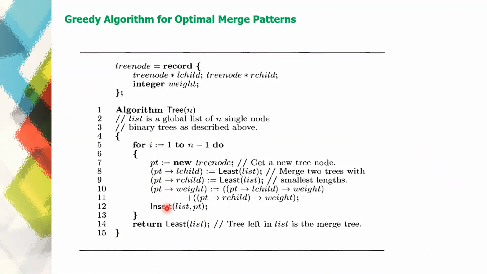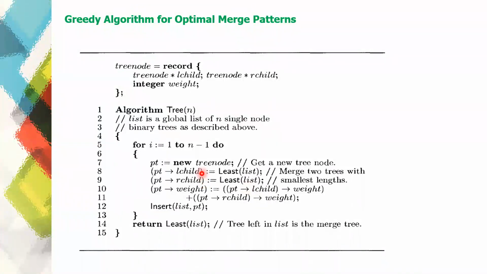Each time you are going to merge any 2 lists. So you are going to create a new node in the tree. Then you are going to find out the smallest sized list, using the least method, which will give you the smallest sized list, which will become the left child. The next least, the second smallest sized list, will become the right child.